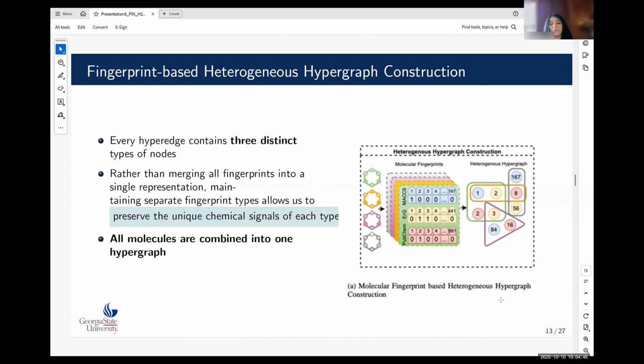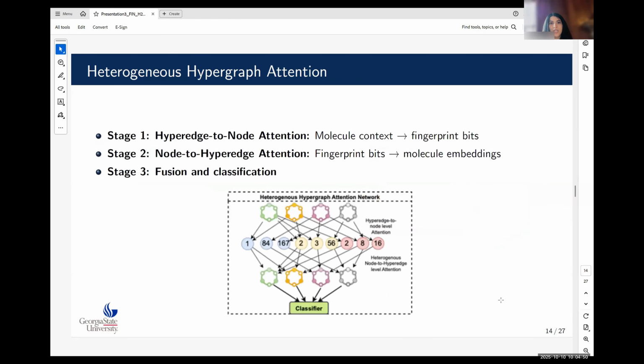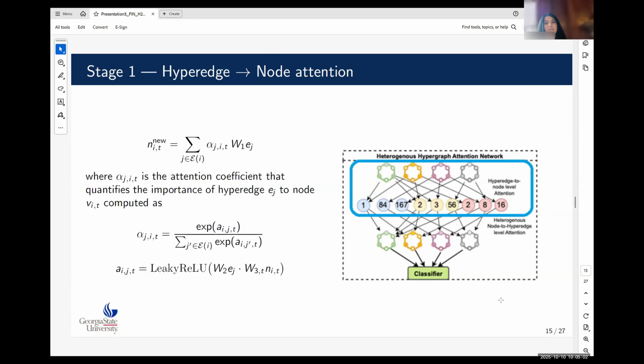After constructing our heterogeneous hypergraph, we pass it to our neural network that has mainly two stages: the hyperedge to node attention and node to hyperedge attention, then fusion and classification. In the first stage, it's the hyperedge to node attention, where the information flows from the molecule to the substructure.